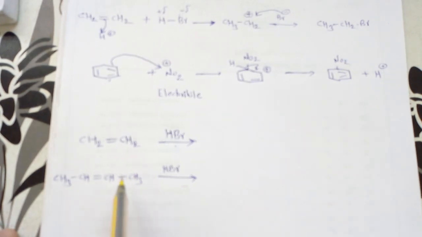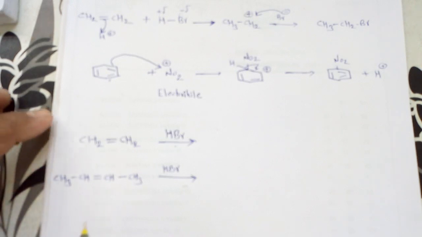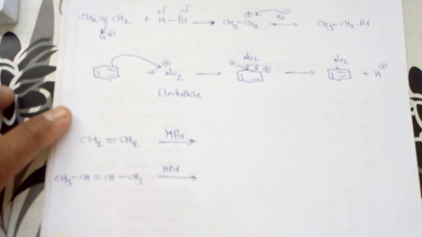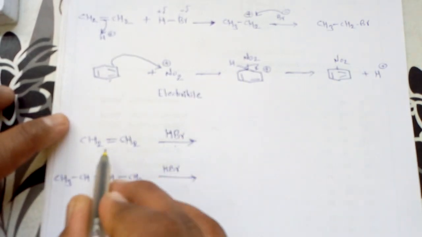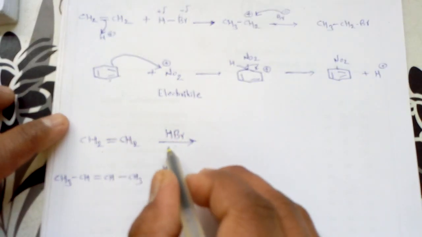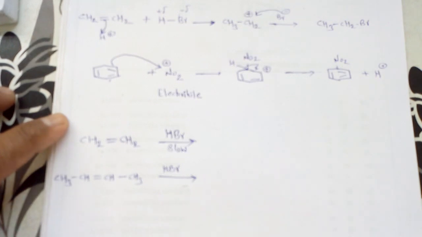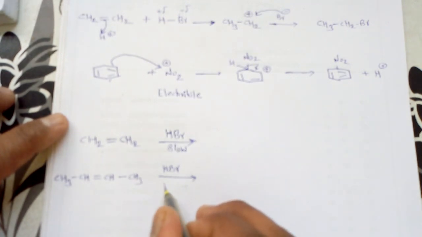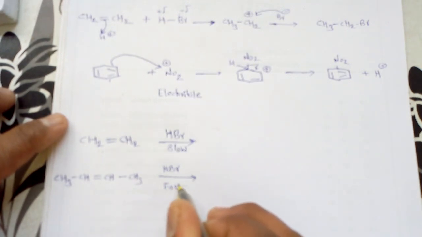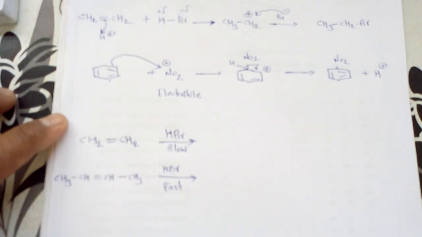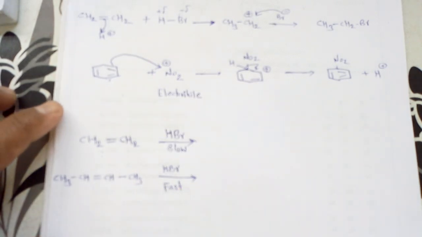Now, if we consider the experimental results, what happens? From these experimental results, it is very clear that the first reaction, between ethylene and hydrogen bromide, is a slow reaction. On the other hand, the second reaction is a fast chemical reaction. So this is obtained from the experimental results.